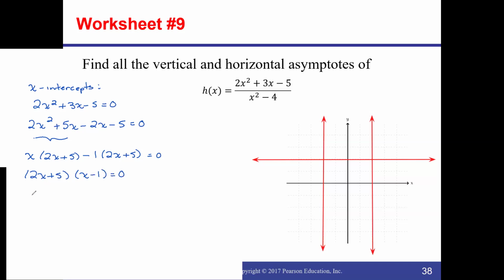So my two intercepts, we've got to solve this. One will be at -5/2, or negative 2.5. And then the other one is going to be at 1. So we'll have 1 here and 1 here.